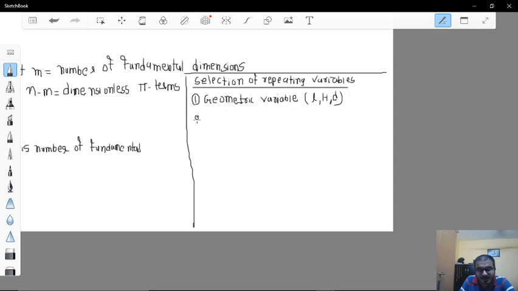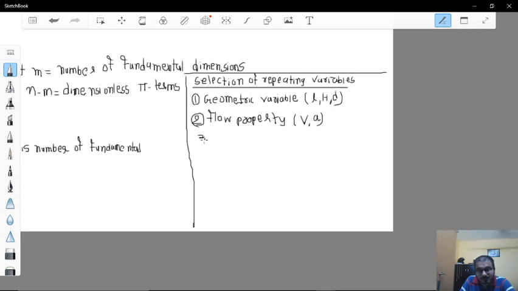Then second is flow property, so it can be like velocity or it can be acceleration also.